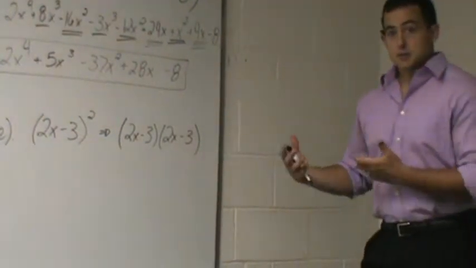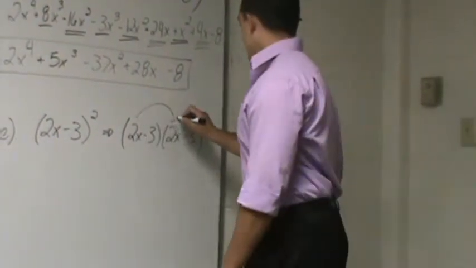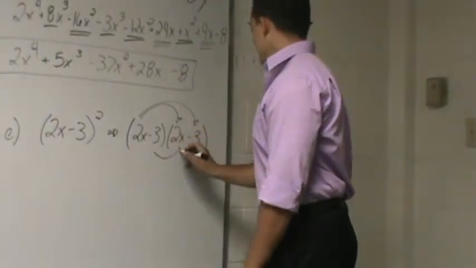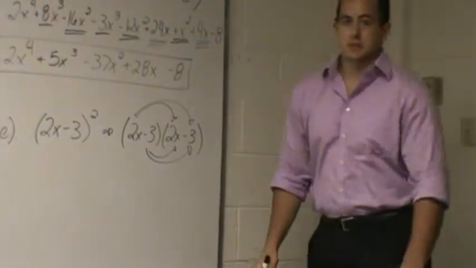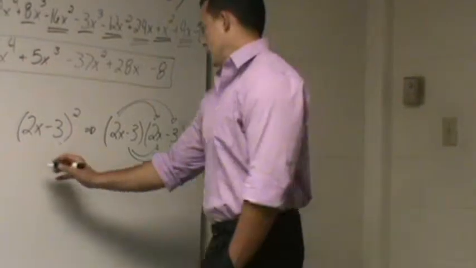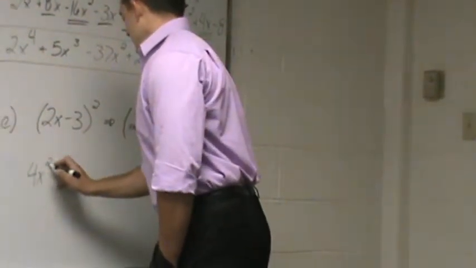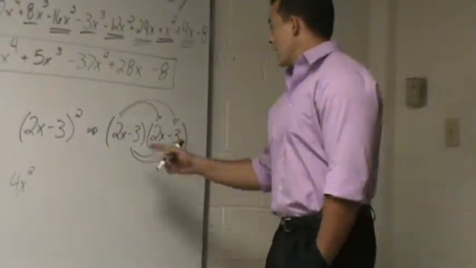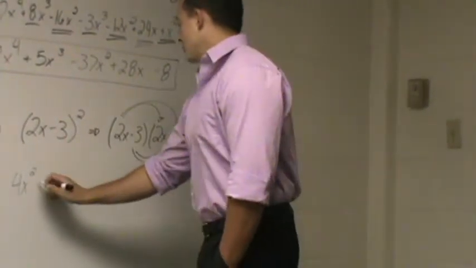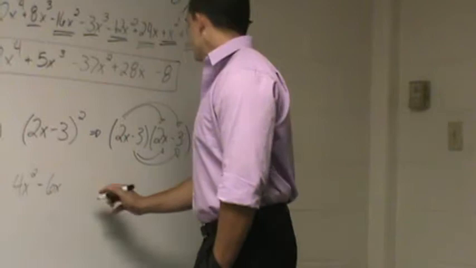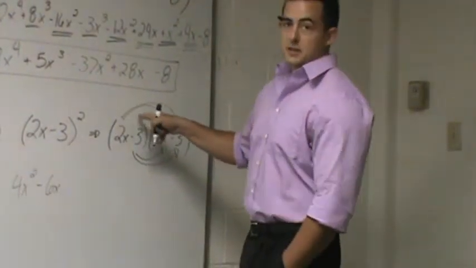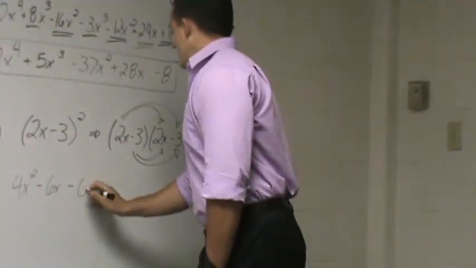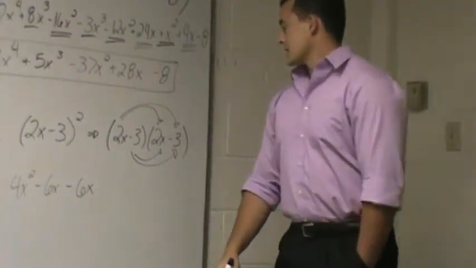Usually, if I can get students to do that, the next step's straightforward. You go back to having to distribute all the values like so. So then you would get your 4x squared, which, I mean, that's right, that is part of the answer. What you miss doing it the other way is taking the 2x times the negative 3 and getting minus 6x. And also, you miss the negative 3 times 2x, which is another negative 6x.